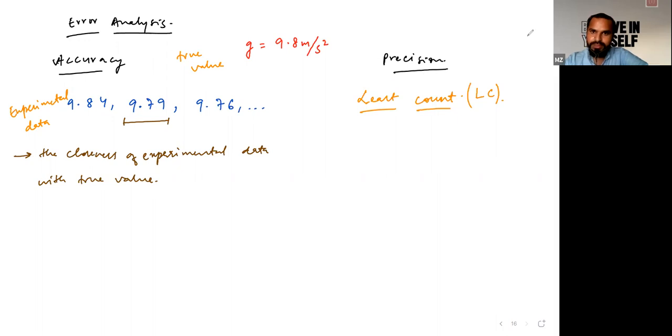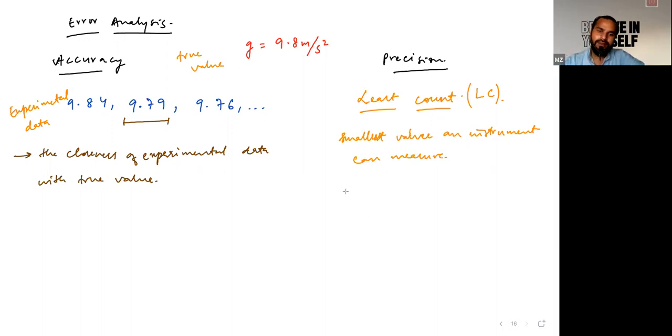But for precision, we must define least count. Least count is nothing but the smallest measurement an instrument can measure. The smallest value an instrument can measure is called its least count.